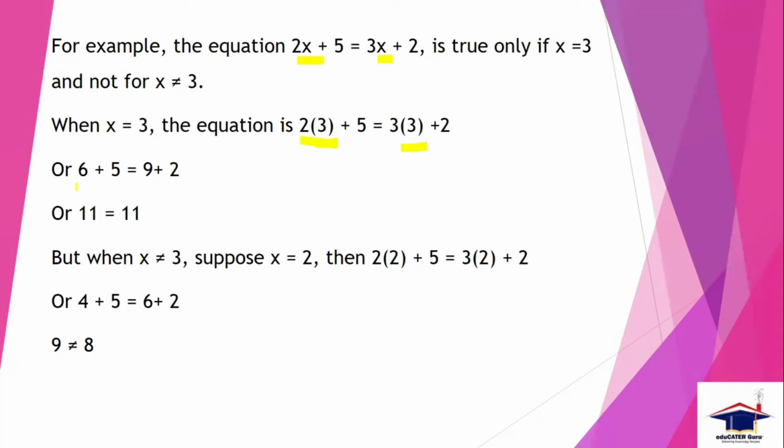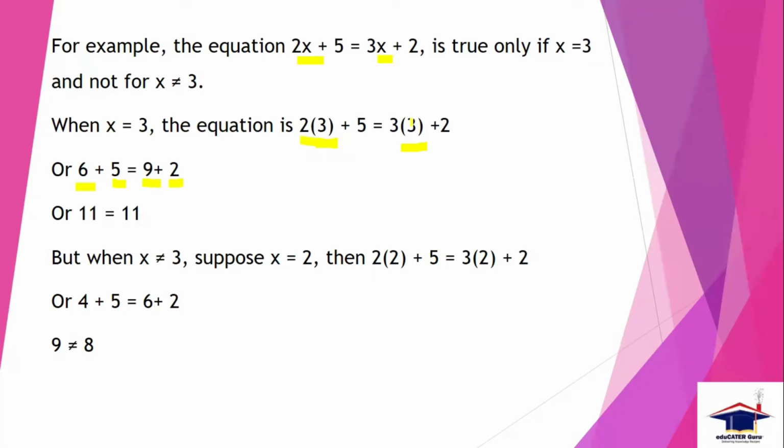So 2 threes are 6 plus 5, 3 threes are 9 plus 2. That is equal to 11 on both left hand side and right hand side. If you add 6 plus 5, it is 11 and 9 plus 2, it is 11. So if x equals 3, then 2x plus 5 equals 3x plus 2 is true.